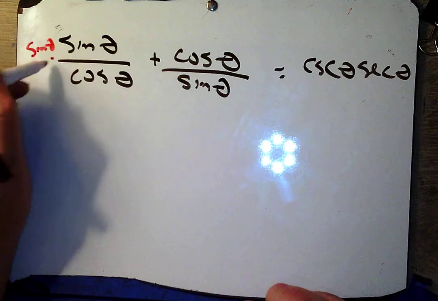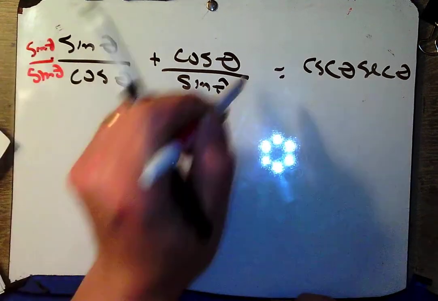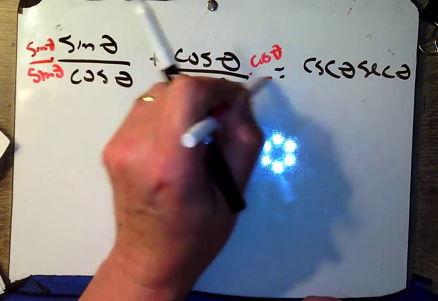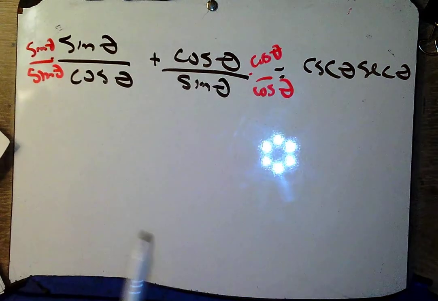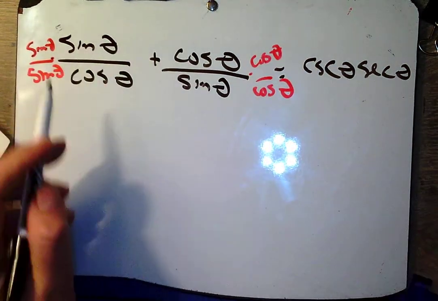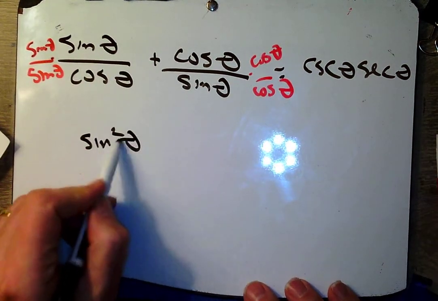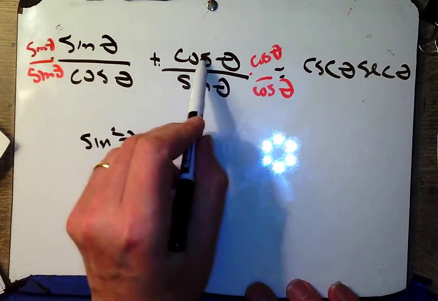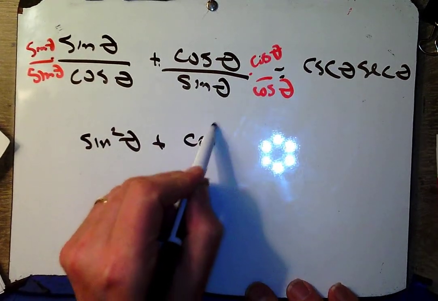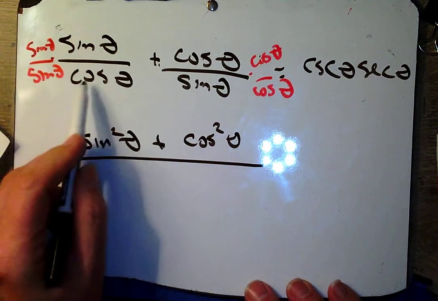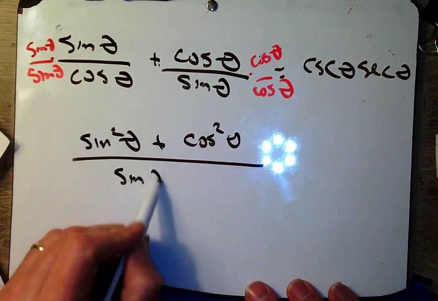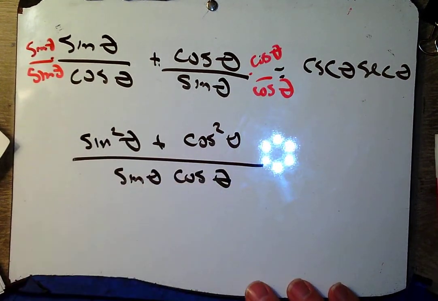This needs sine over sine, and this needs cosine over cosine. So sine times sine, sine squared, plus cosine times cosine, cosine squared, and our common denominator, sine theta, cosine theta.